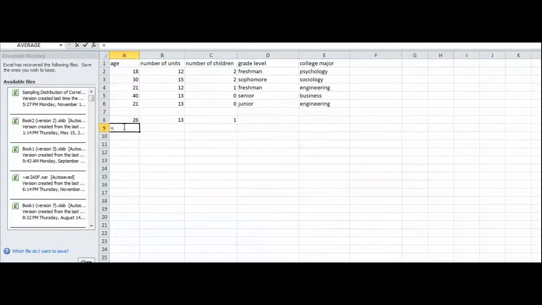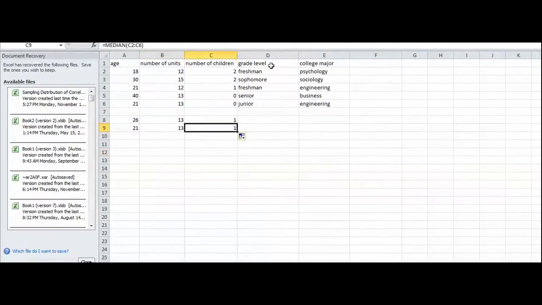So to get the median, we can type in equals, and then the word median. Put our left parenthesis right there. Highlight the first column on the left. And then we put our closing parenthesis and then press enter. And if we drag it across, it'll give us the medians of these two columns.